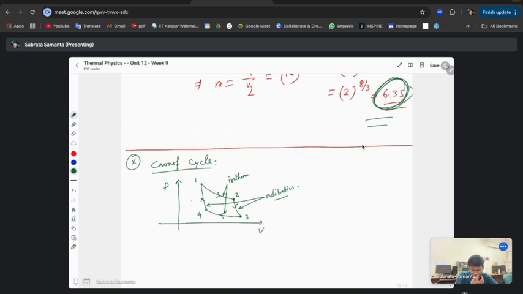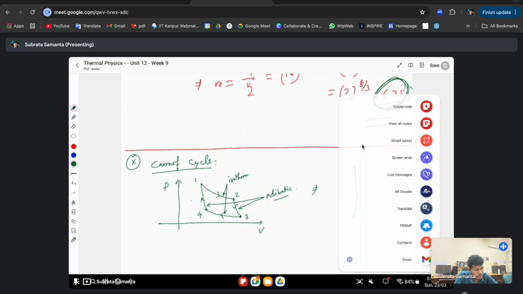Now if we convert into a TS plane, how does it look?